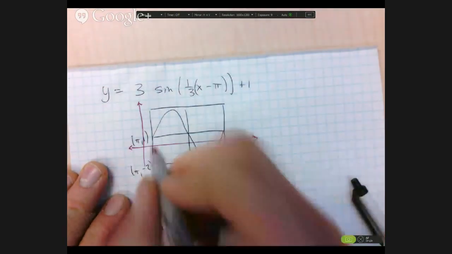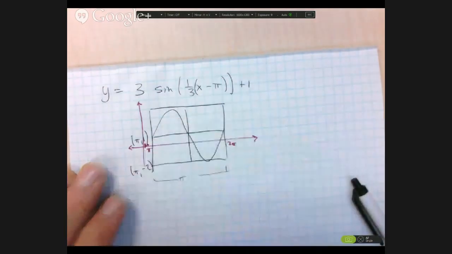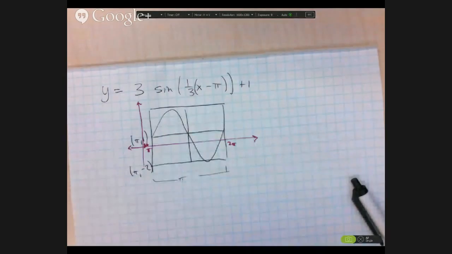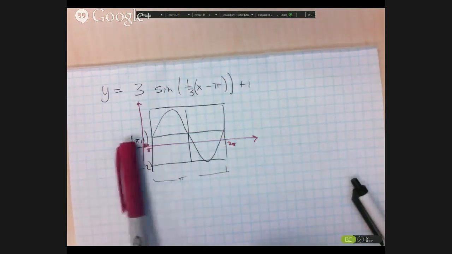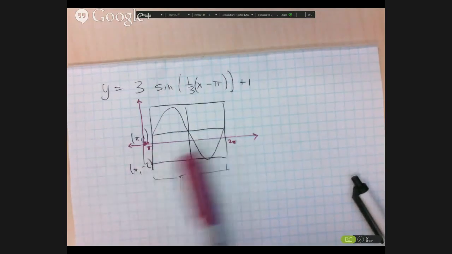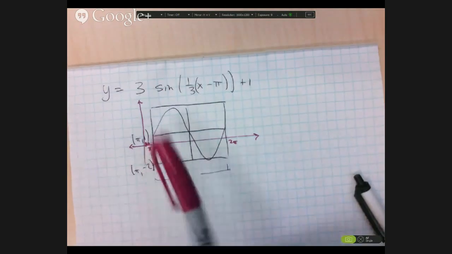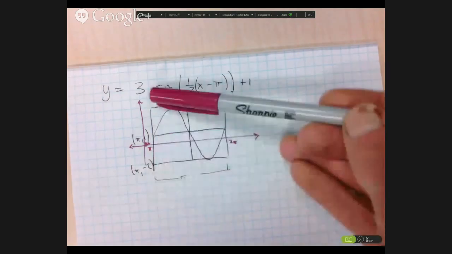Oh well, this is pi, 2 pi. That's what my graph looks like. (Pi, 1) is on the midline y equals 1, so that's right in the middle. It's pi to the right. I put a break here because my scale is off. But this is pi units on the period, and then the amplitude is 3, so down 3 and up 3.